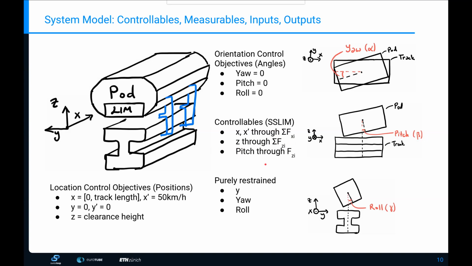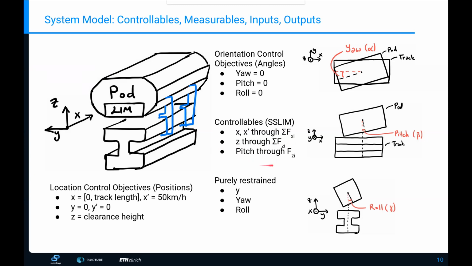Also, we can try to regulate our levitation forces to be different in different parts of the linear induction motor, and this can give us some kind of control over our pitch angle as well.